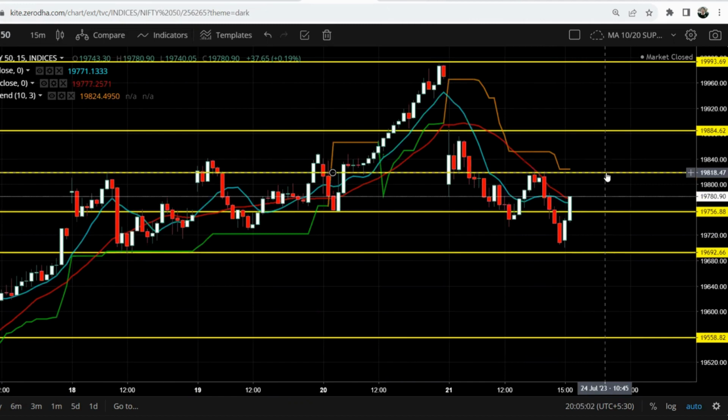So 19,800 would be the resistance, and the next resistance would be 19,890. So these are the two resistances. Support I have already told: 19,750 would be the first support, and 19,690 is the second support.